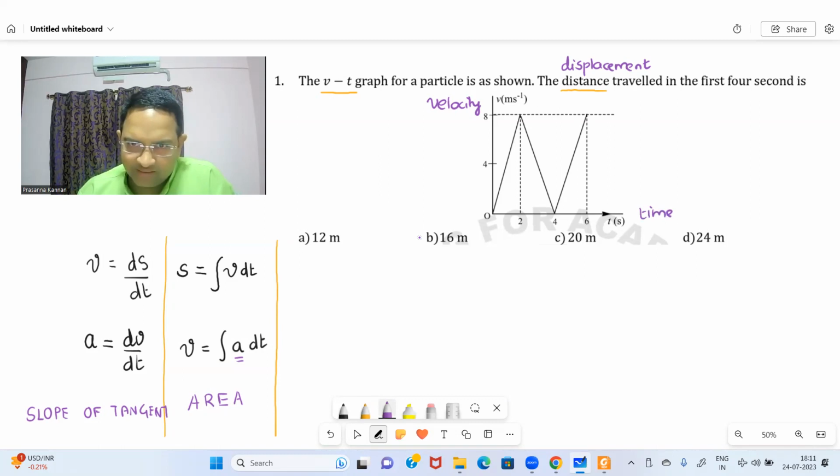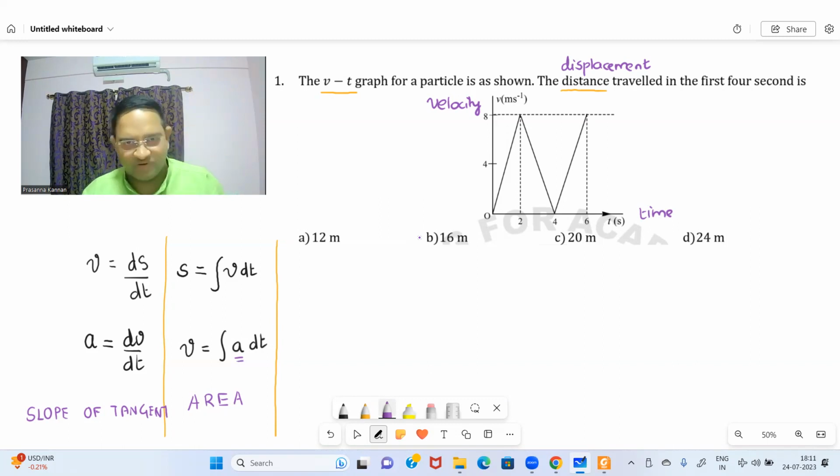Excellent. Fantastic. So when I look at the graph, if the graph of velocity goes below the time axis, then velocity is negative, isn't it? If velocity is negative, it means that the direction in which it started, which you take as positive, has reversed; the body is turning back.